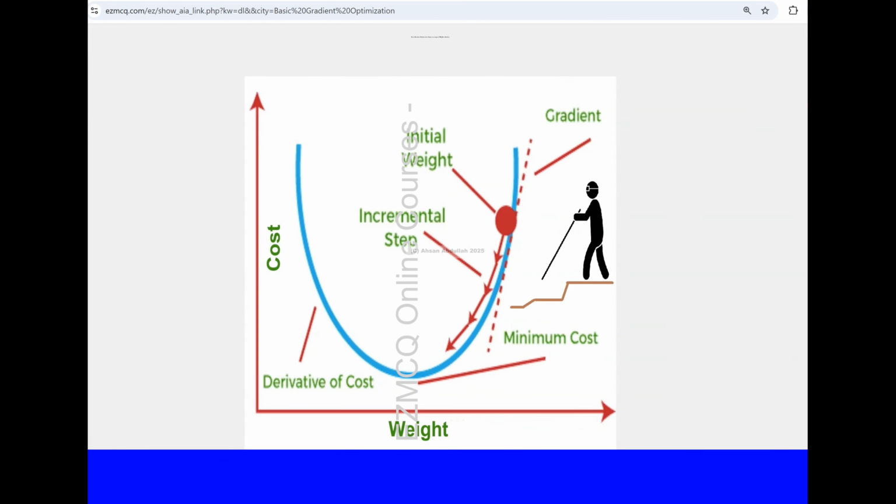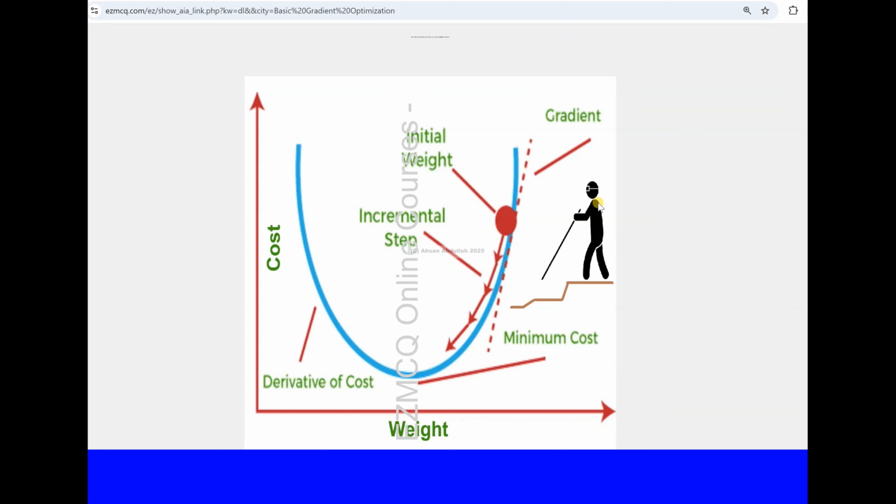Consider that we have cost on the y-axis and the weights of the edges in the neurons on the x-axis. Consider a blind person who has to travel down a valley or a mountain, and the objective is to reach the minimum cost.